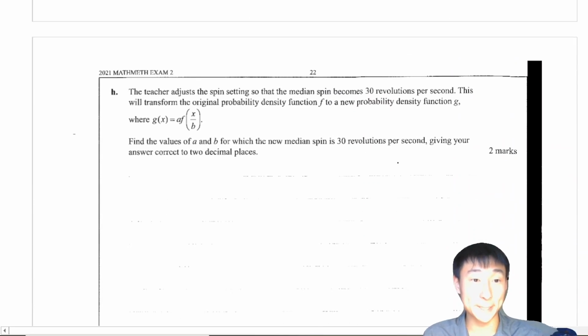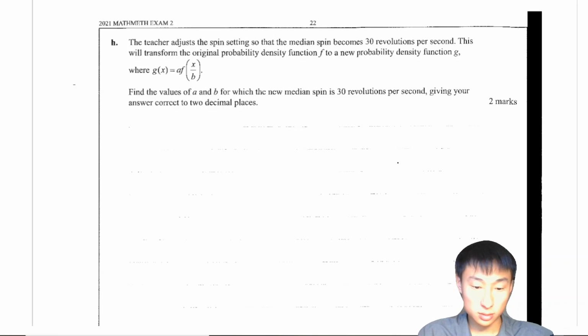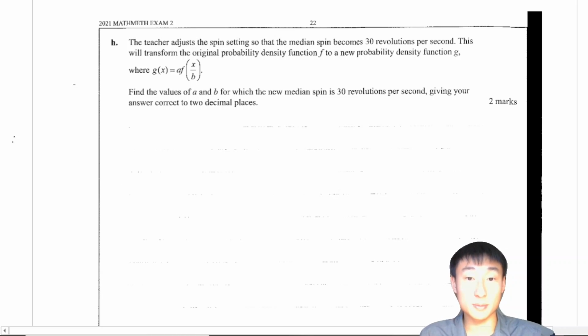Okay. Sure. The teacher adjusts the spin setting so that the median spin becomes 30 revolutions per second. This will transform the original probability into a new probability, where g of x equals. Okay, so there are two dilations.